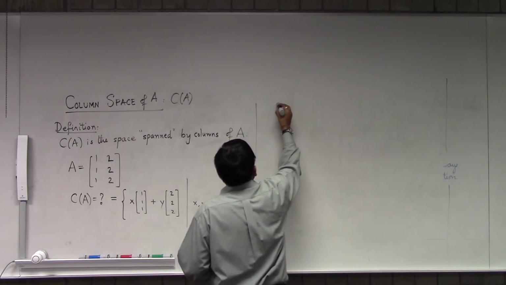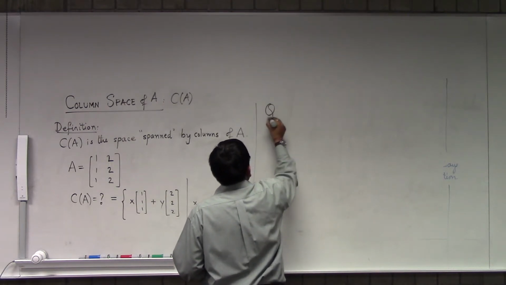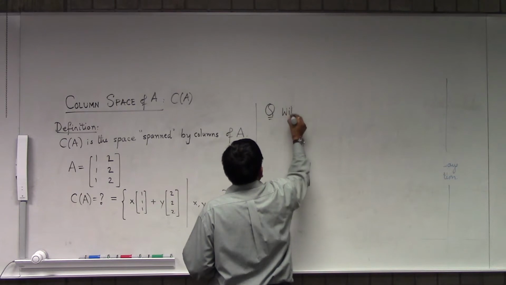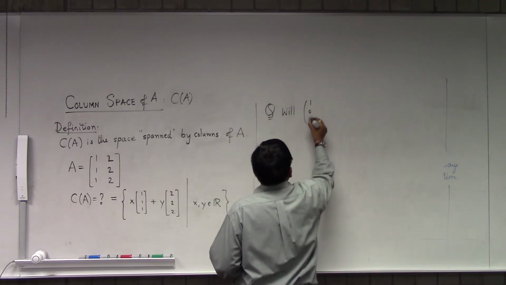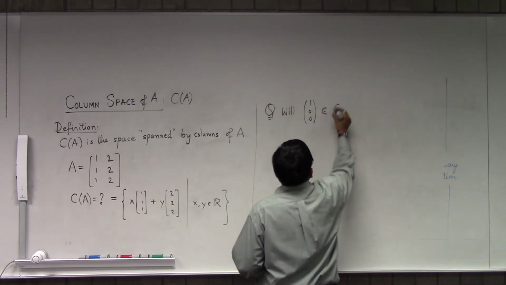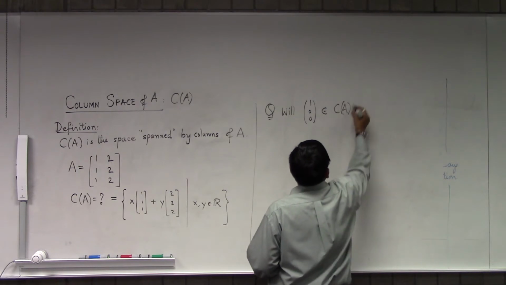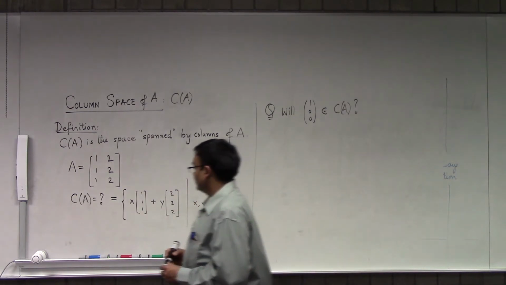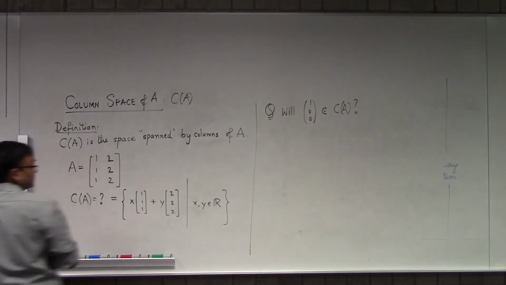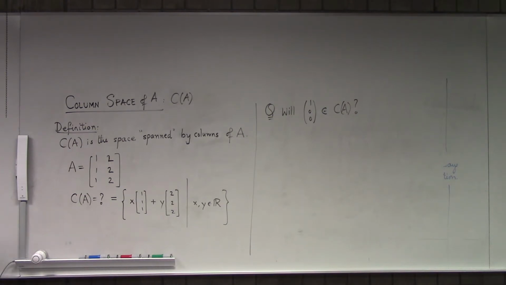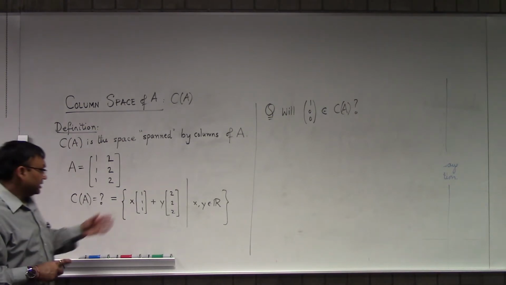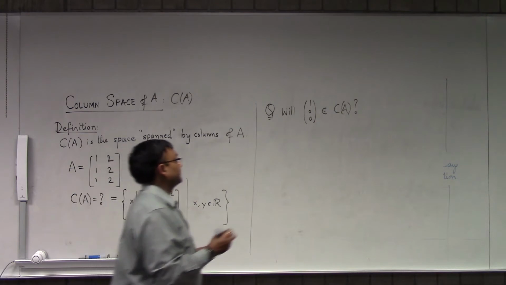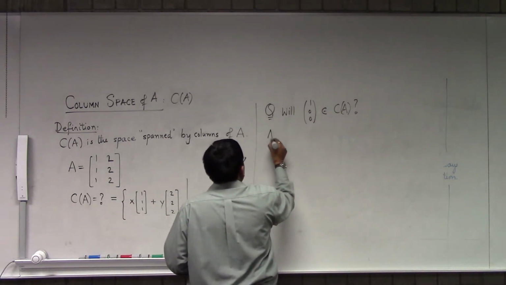Now, for example, right now this is a big simple description. A question can be asked: will this vector, say 1, 0, 0, belong to the column space of A? So here's my column space. Does it belong to this column space? That means, can I produce that vector as a linear combination of these two vectors? So how will we proceed?